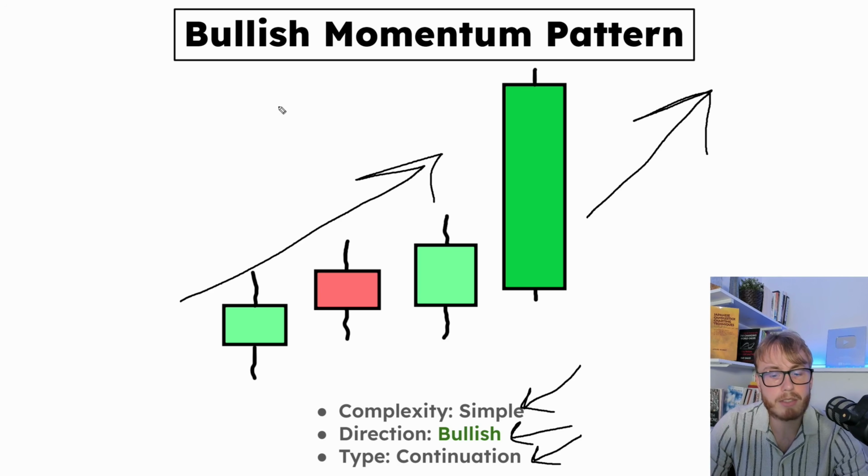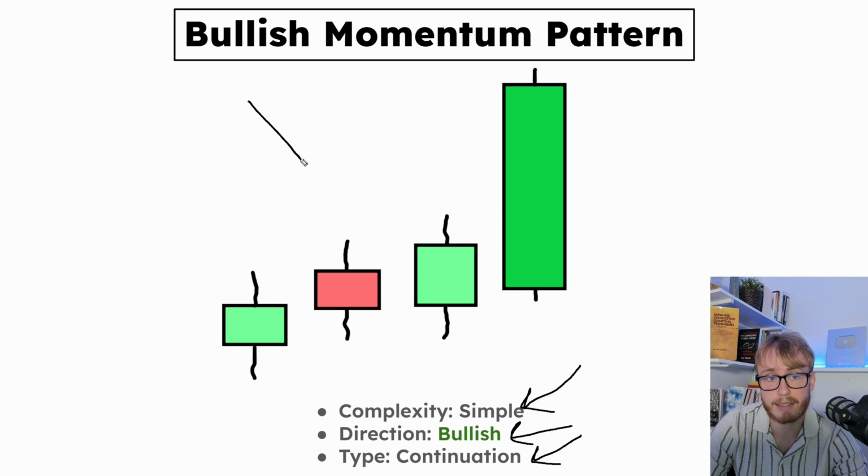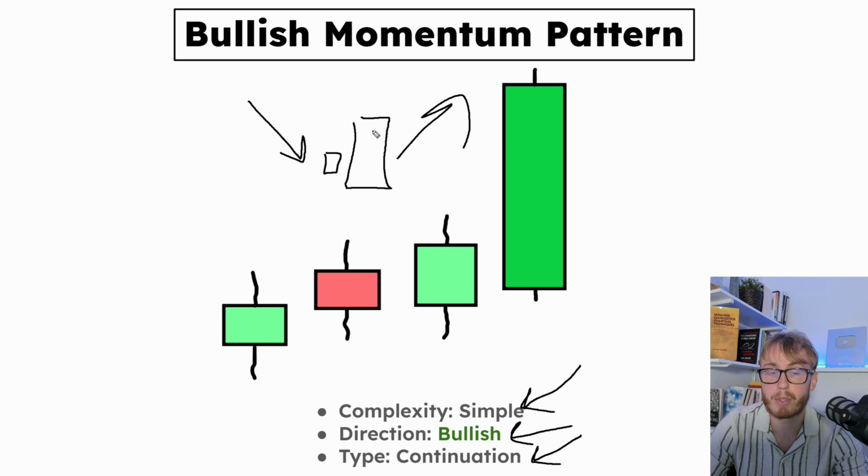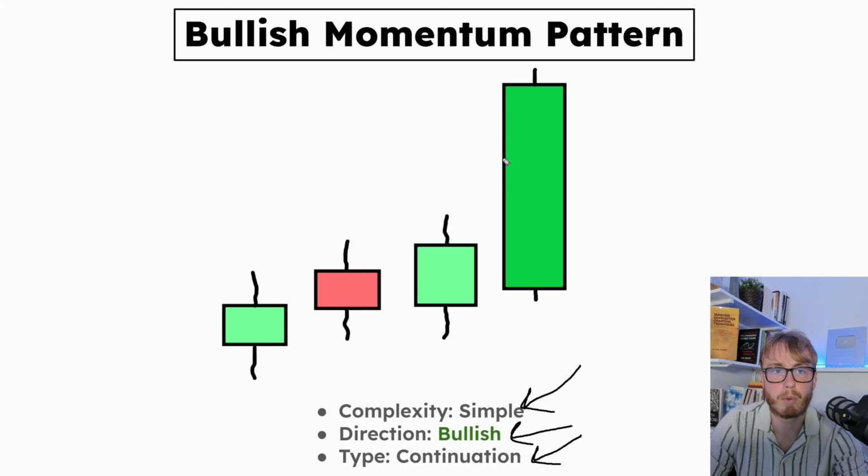However, it's a bit too simplistic to say that a bullish momentum pattern is only a continuation pattern, because it can also act as a reversal. For example, many engulfing patterns will actually be both a bullish engulfing and a bullish momentum at the same time, and you will soon know why.